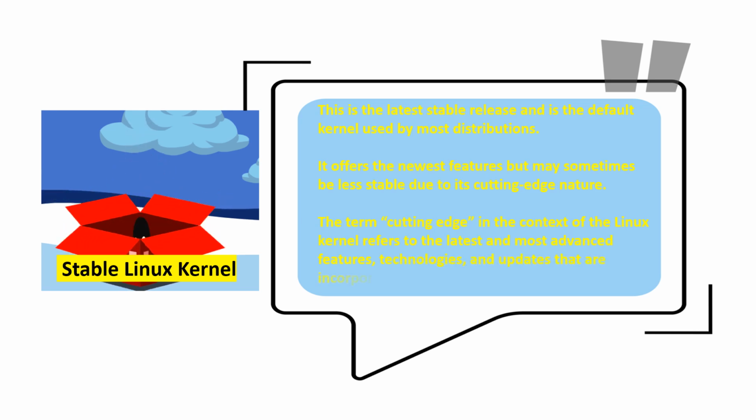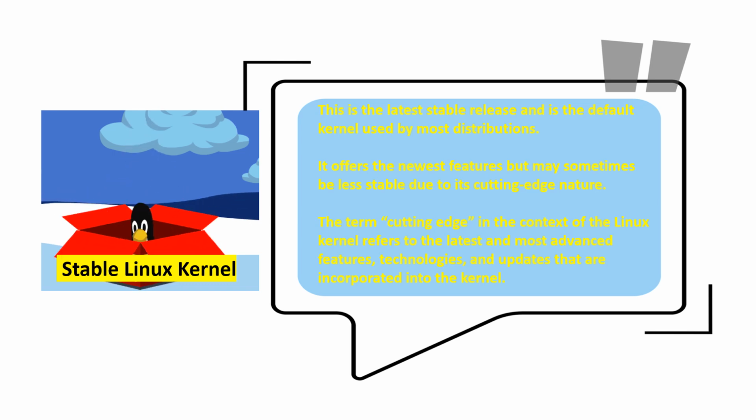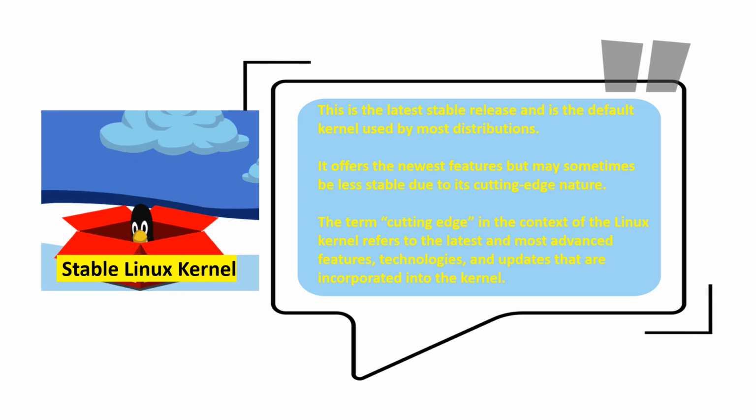What is meant by cutting edge nature is a term used in the context of the Linux kernel, which refers to the latest and most advanced features, technologies and updates that are incorporated into the kernel. So in this stable Linux kernel, the cutting edge features, that is the latest and advanced features, are also incorporated. So this is what the stable Linux kernel is.